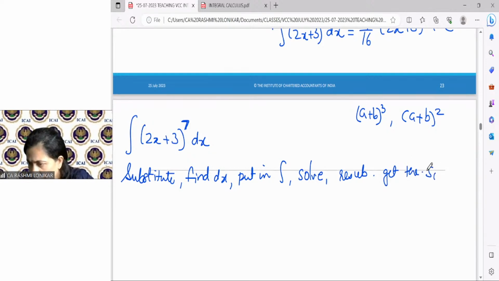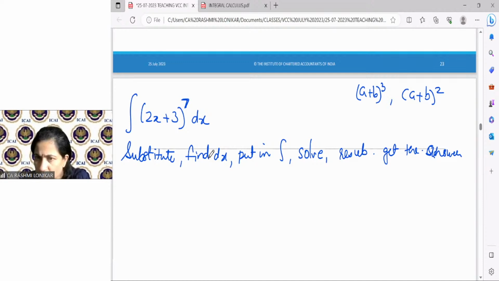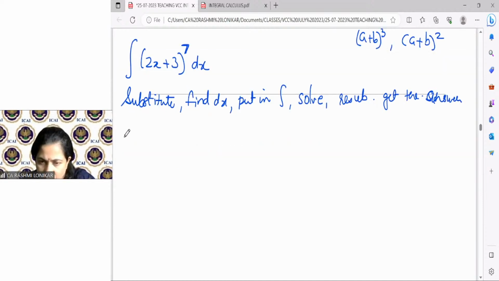Okay. So first step is substitute. What do I substitute? Whatever is inside this bracket raised to, depending on each question, you will be able to find out. 2x plus 3, let this be equal to t.